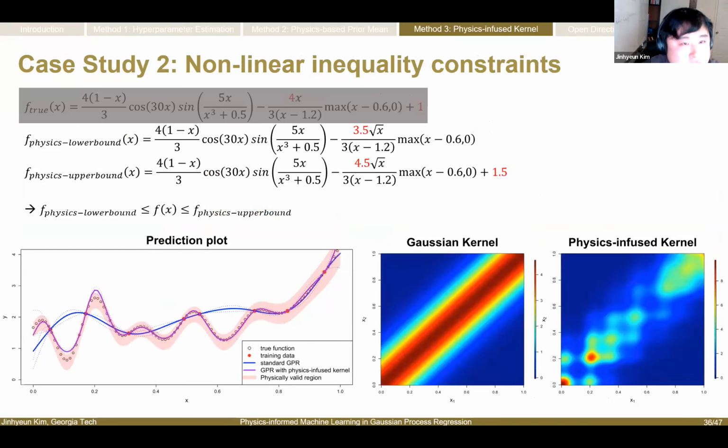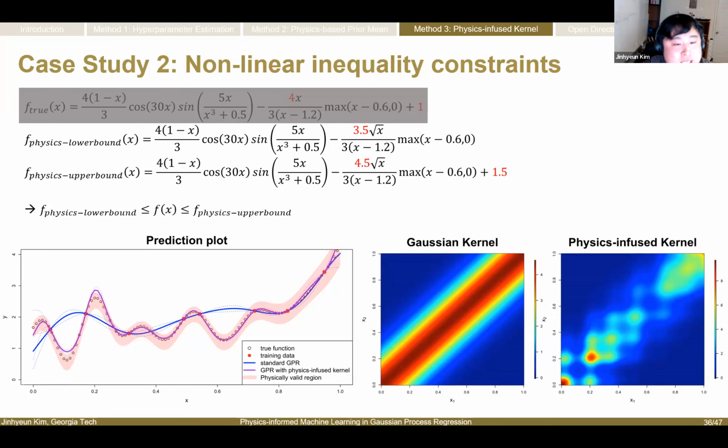We talk about the nonlinear inequality constraints as well, because one of the challenges currently is that it is very challenging to embed nonlinear inequality constraints in GPR. We generate the sparse training data set from the true function, which is a gray box, and change some of the values to set the lower and upper bound of the equation.